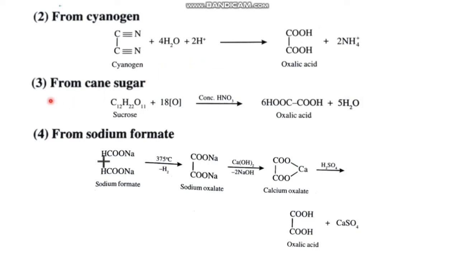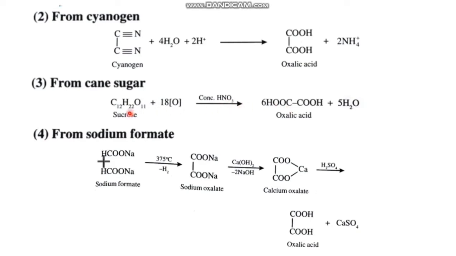Then the third method, from cane sugar. Cane sugar means sucrose. Sucrose undergoes oxidation in the presence of concentrated nitric acid, and we get oxalic acid. To speed up the reaction, we may use vanadium pentoxide as the catalyst.